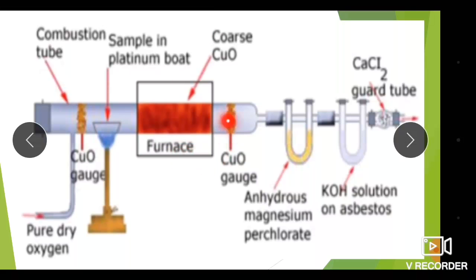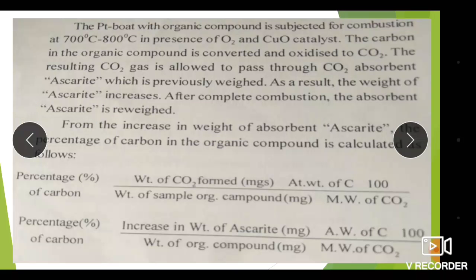It goes over the copper oxide catalyst, a copper oxide gauze. Here anhydrous magnesium perchlorate, and here CaCl2 for the absorption of moisture, and here KOH and asbestos, which are used as the absorbent for the carbon dioxide formed.